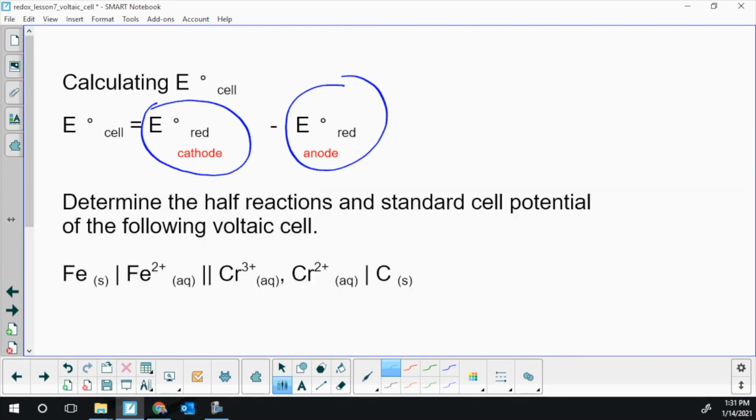So we'll do one example of this. We just got to figure out our chemistry first. I'm going to determine the half reactions, which we've done before, and do the standard cell potential for the first time of the following cell, and I use cell notation to describe it to you.